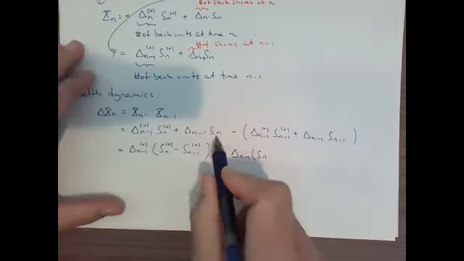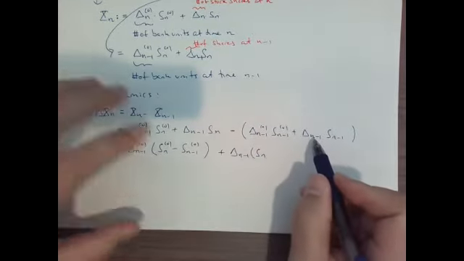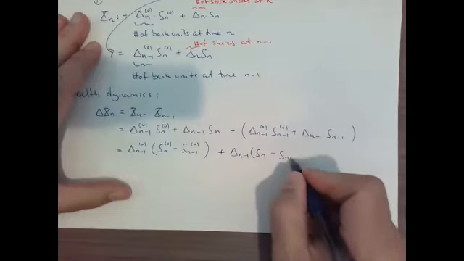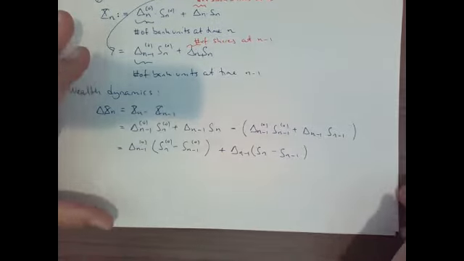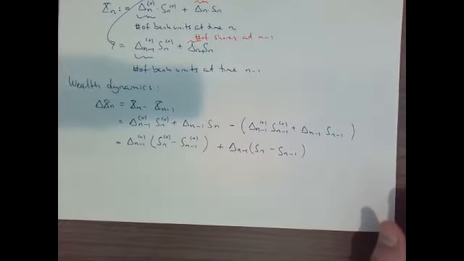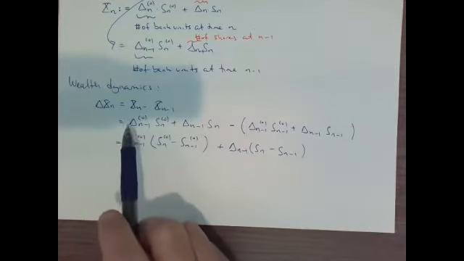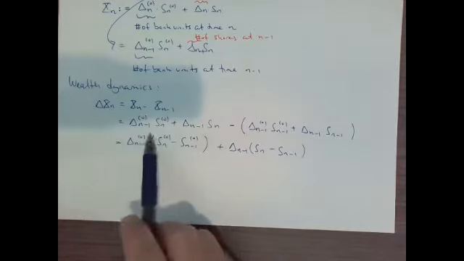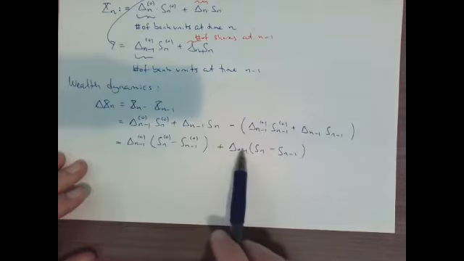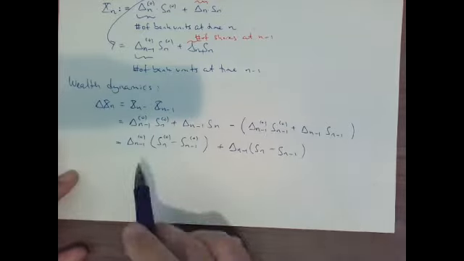That was this guy. I have something over here, but now with a minus sign. Okay, so it came down to here. The first equality used the self-financing condition and the definition. The last equality here just combines the two expressions with the common factor outside.